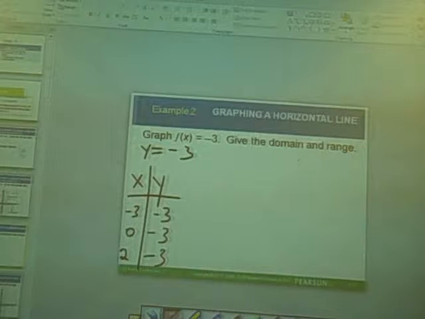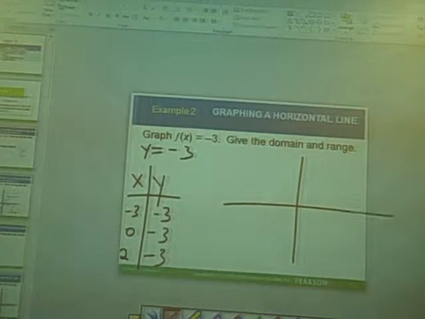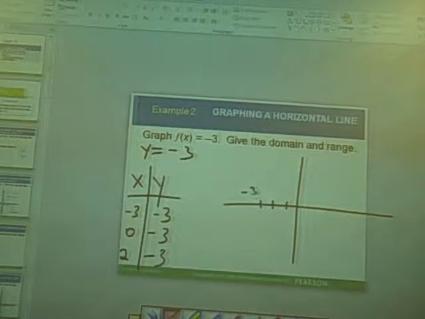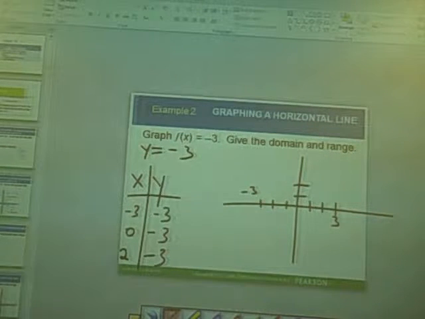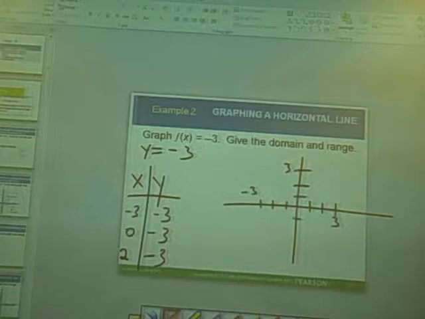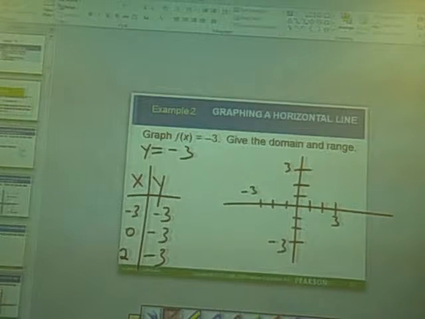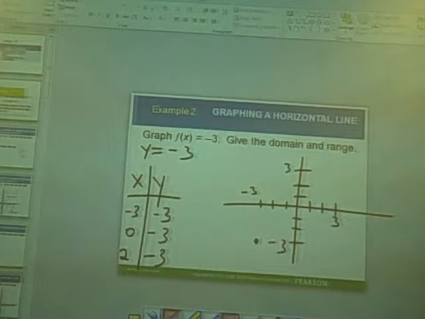And so if you were to graph that, here's 1, 2, here's negative 3. We use red.